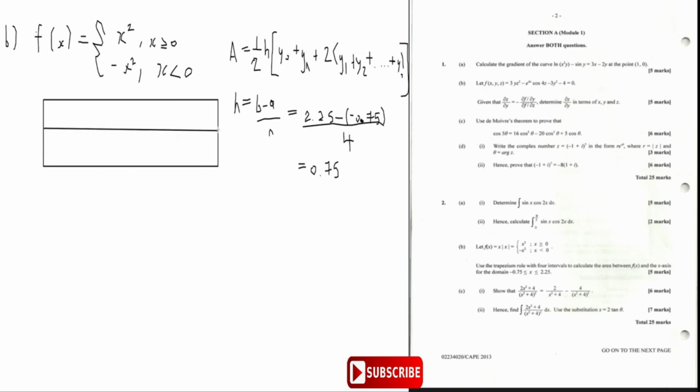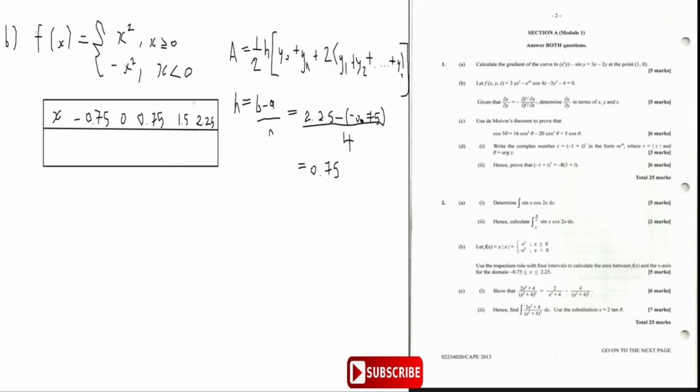It is 4 intervals, and we're running from minus 0.75. Then you add 0.75 to that, you're going to get 0. Then you add 0.75 to that, you get 0.75. Then you add 0.75 to that, you get 1.5. Then you add 0.75 to that, you get 2.25. So that takes care of all of the domain.